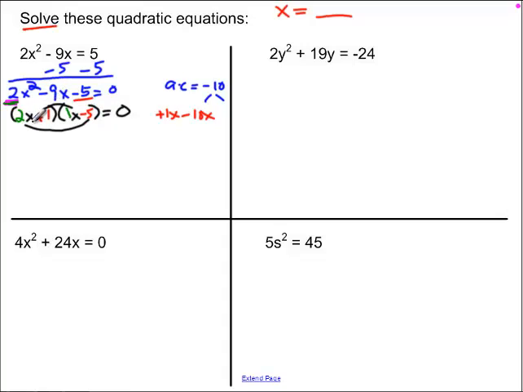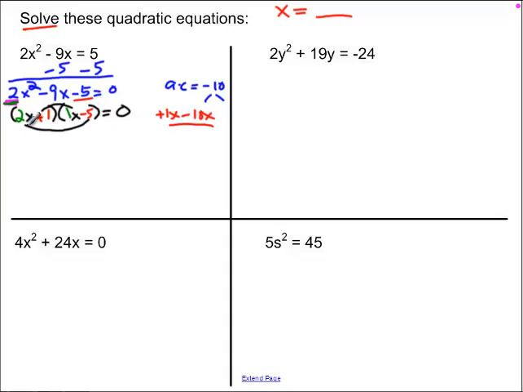So we can go through the full FOIL method and say 2x times 1x, 2x squared. Inside and outside terms would be inside terms plus 1x, outside terms minus 10x. They combine as like terms to get to minus 9x. Last term plus 1 times minus 5 is negative 5, so that's a good factorization.